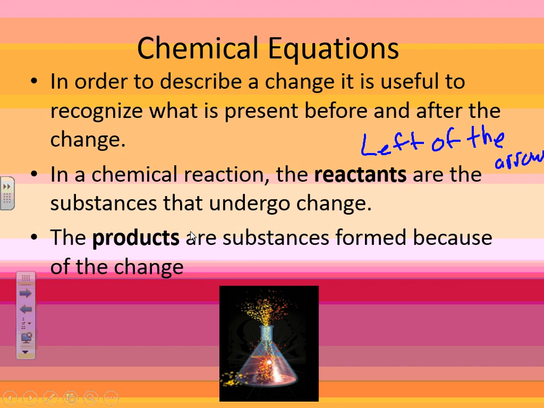And the products are what's being produced. That's right of the arrow. Now, anytime you see an arrow, it means a reaction. I'm going to abbreviate reaction from here on out with RXN. So we have reactants and we have products.